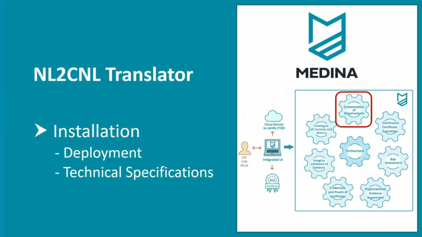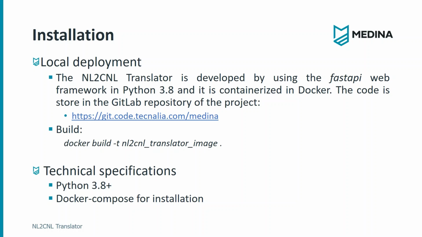Let's now look at some technical details about this component. The NL2CNL Translator is developed by using the Fast API Web Framework in Python 3.8, and it is containerized in Docker. To install it locally, it is possible to clone the code, which is stored in the GitLab repository of the project.